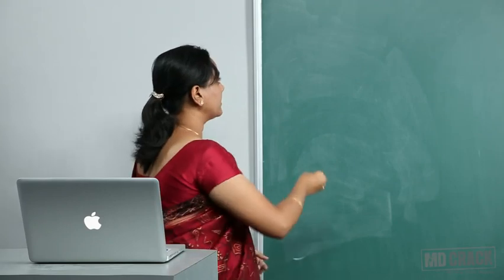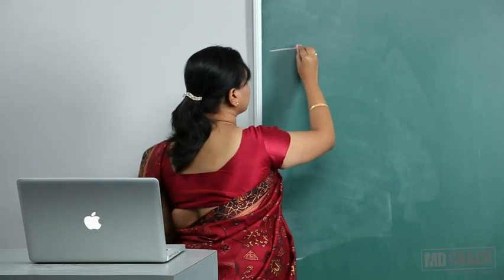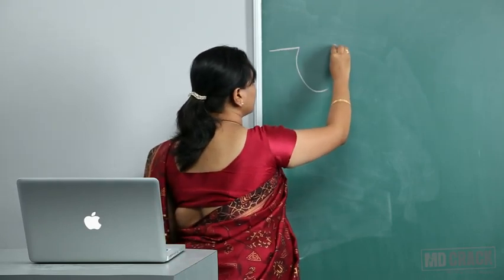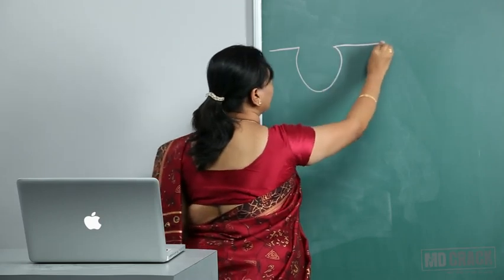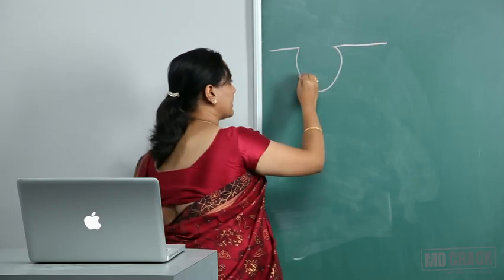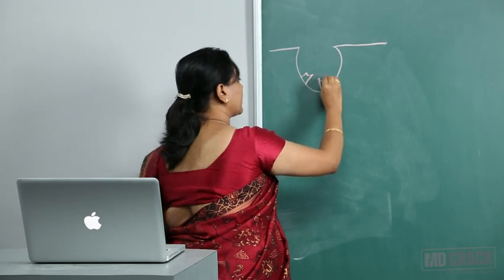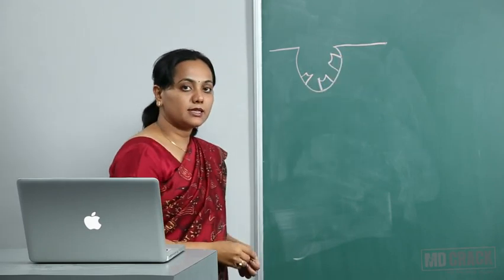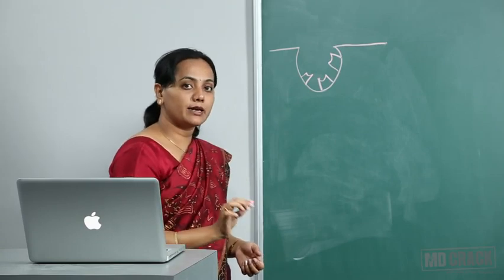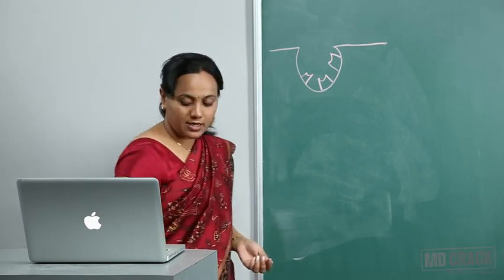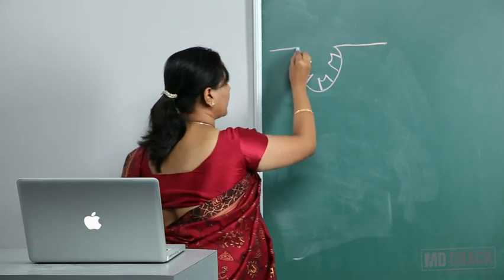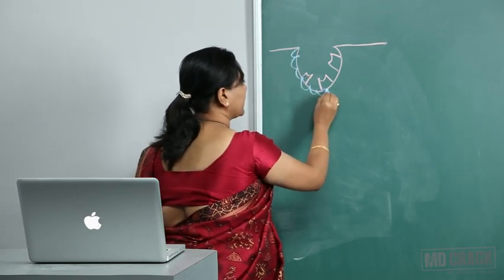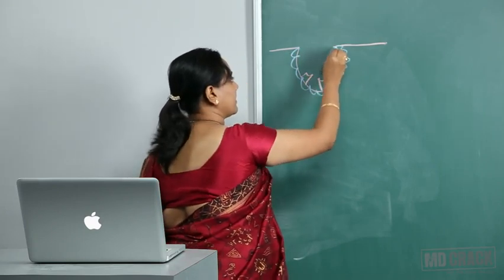I'll just show you one thing: in the extrahepatic tissues, there are certain LDL receptors. These receptors are specific for B100, and they are present in what are called clathrin coated pits. This is clathrin, okay?